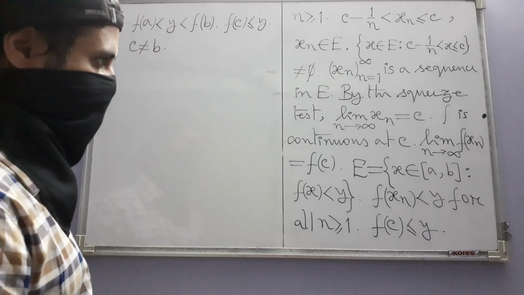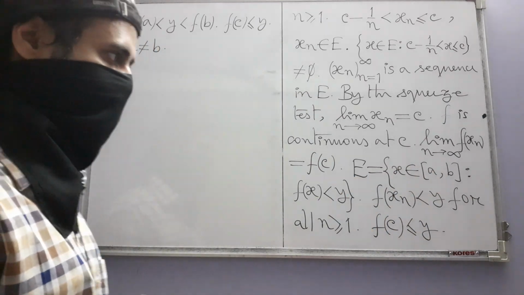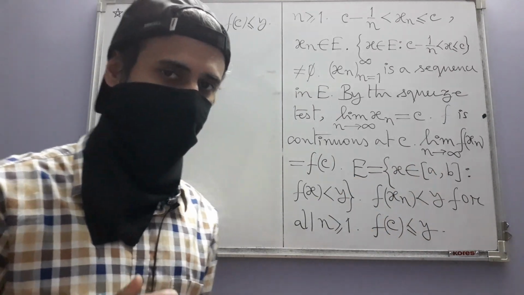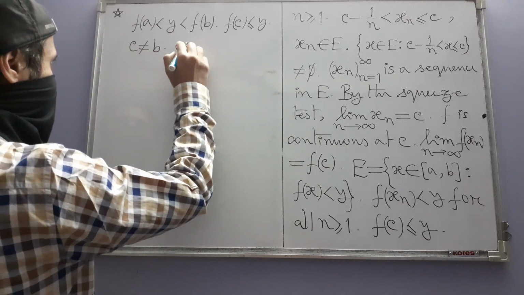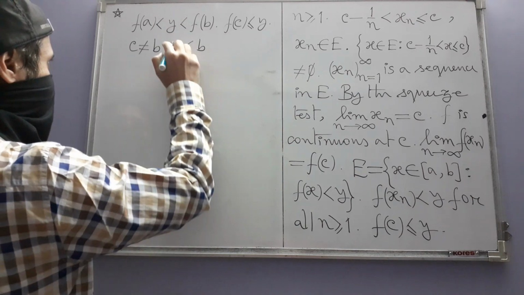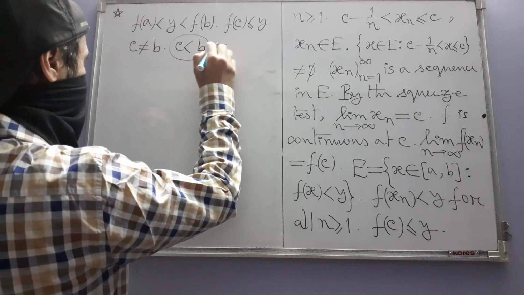However, we already know that c lies in this interval, so that means c is less than or equal to b. Combine that with this and we get this fact: c is strictly less than b, which means what?